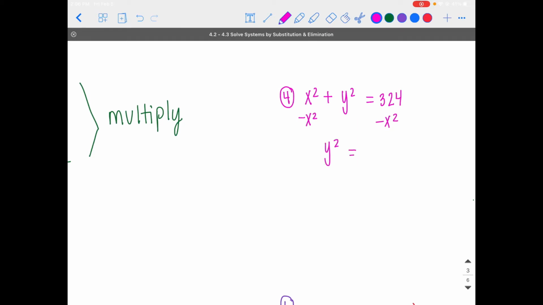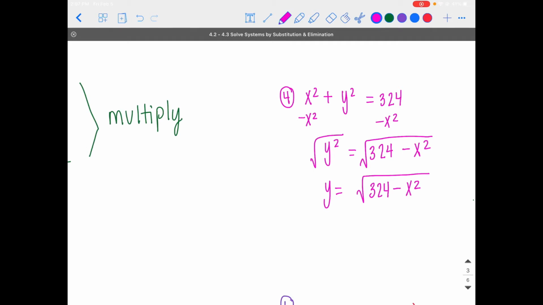And we get y squared equals 324 minus x squared. And then I take the square root, so y equals the square root of 324 minus x squared. And now I'm going to see which of my answers I can plug in to get a real answer.